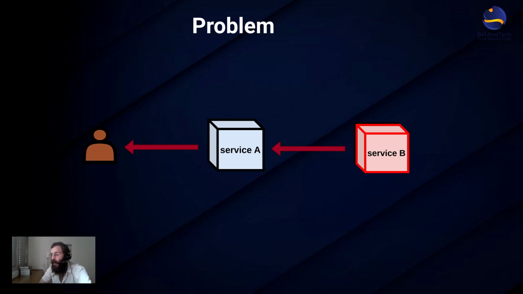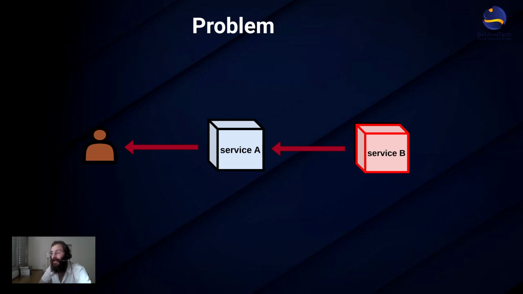So, what is the problem here? What was the question that they asked me? The instability from service B can impact the instability of service A. So the main problem here is that all features, all HTTP requests or whatever feature service A has, can be affected by instability.